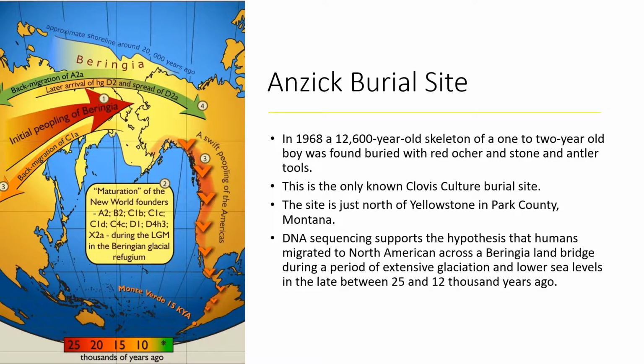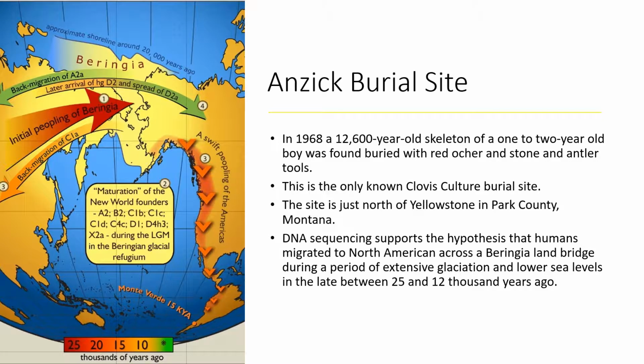So it's amazing. It's the only Clovis culture burial site that has ever been found. And we know that this 1 to 2-year-old boy was buried in sort of a ceremonial fashion because he was buried with stone implements, stone tools, and tools made out of bone and antler.